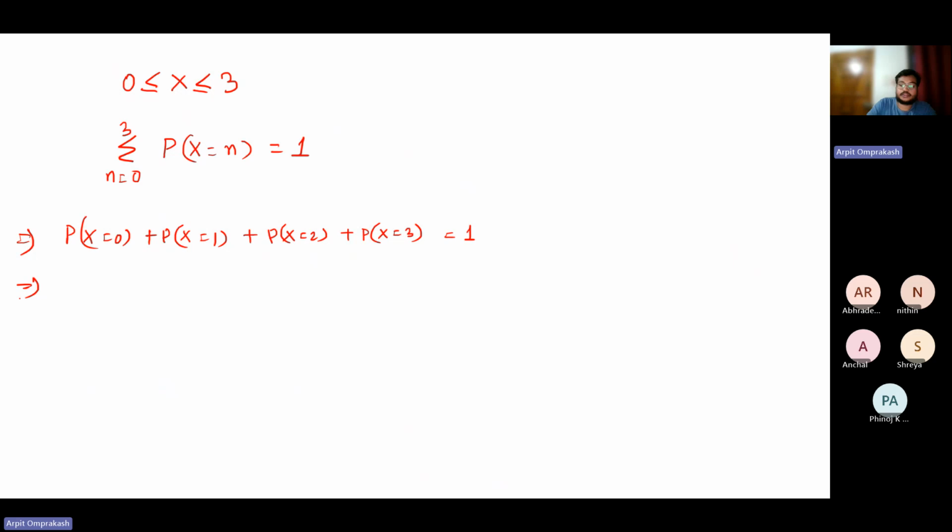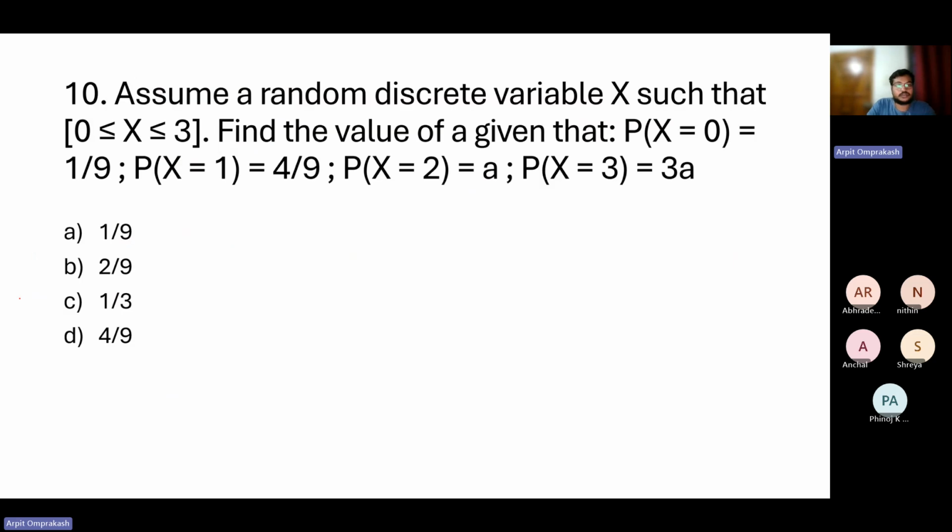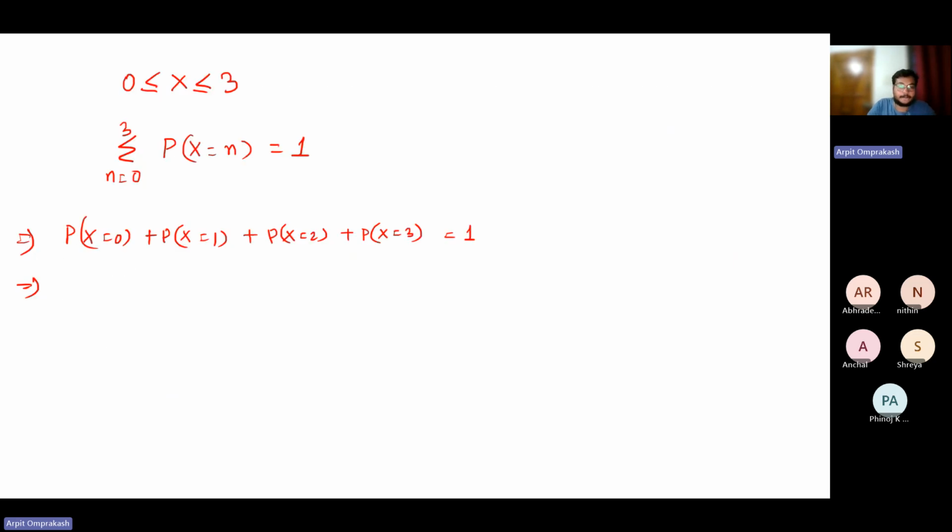Now we'll just plug in the values. X equal to 0 is 1 by 9, plus 4 by 9, plus A, plus 3A, and A plus 3A is equal to 1. If we add this, we get 5 by 9 plus 4A is equal to 1.